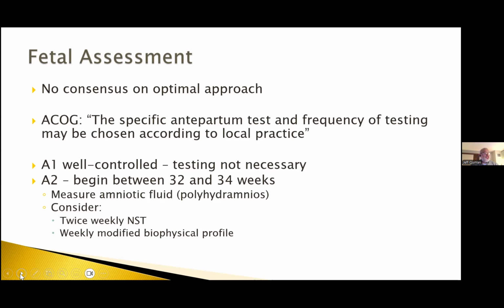The data would suggest that for well-controlled A1 gestational diabetics, testing may not be necessary, and that typically you're going to think about starting testing between 32 and 34 weeks in your A2 diabetics. With those that are poorly controlled, probably at 32, and if you have an A2 that is a little bit better controlled, you may be able to delay until 34 weeks.